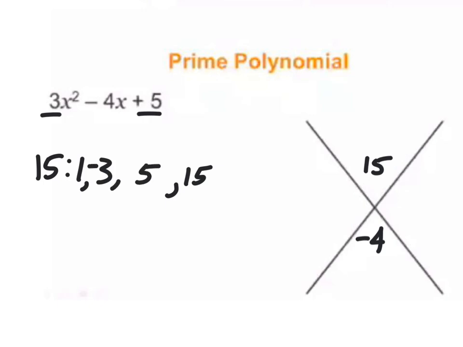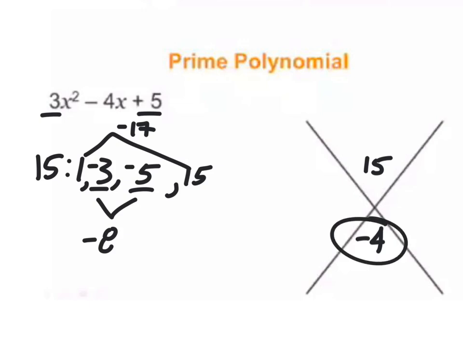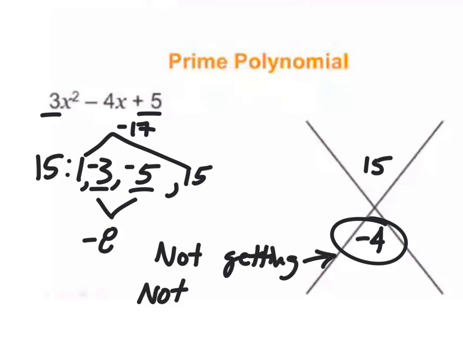Now, these would have to be both negative. If you took negative 3 and negative 5, that's going to add together to give you negative 8. That doesn't work. Even if you took negative 1 and negative 15, they give you negative 16. So that doesn't work. So if you're not getting negative 4, then it's not going to be factorable. It's a prime polynomial.